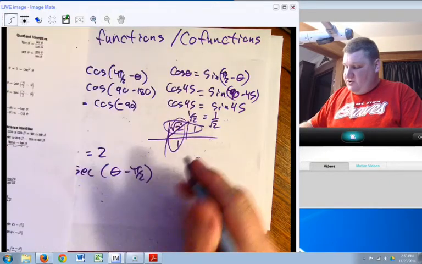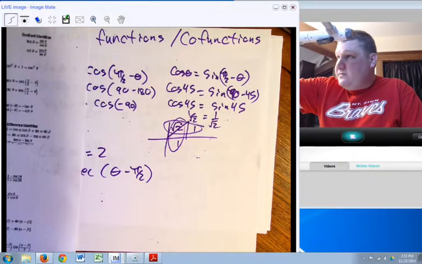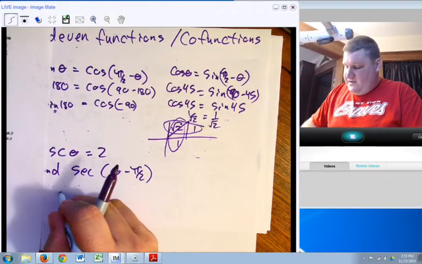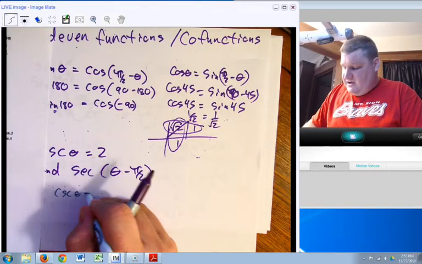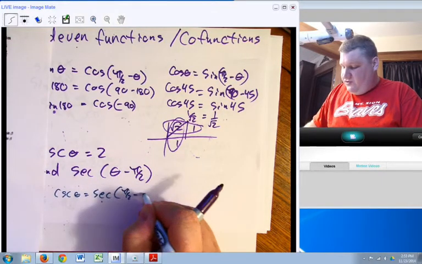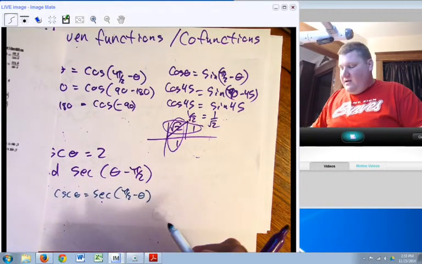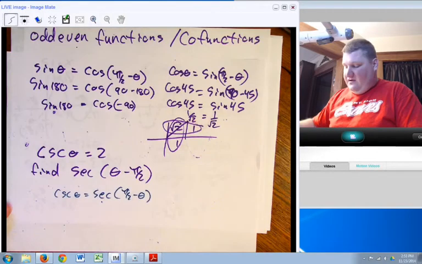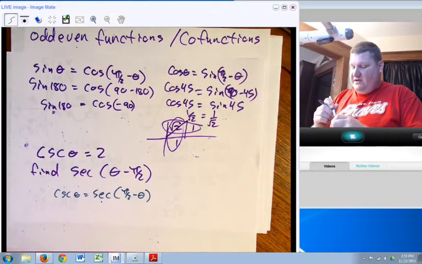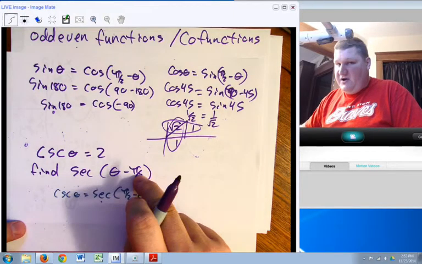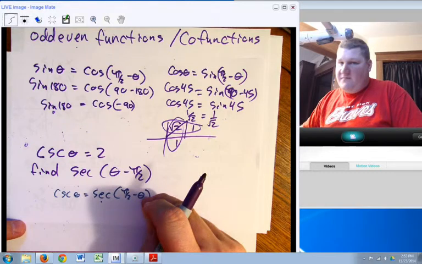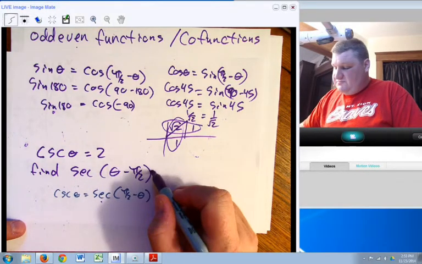So the property here is going to be cosecant theta equals secant of pi over 2 minus theta. Now, you say, well, that's easy. Not quite, because this is theta minus pi over 2. This is pi over 2 minus theta. They don't match. So I cannot just plug this right in for this.